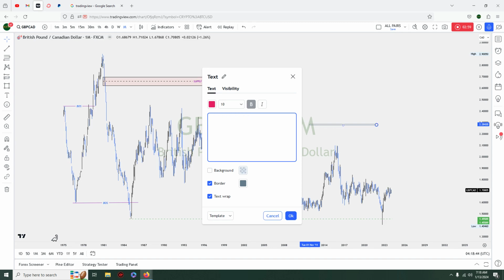Sorry. We have a bearish trend, targeting the low, monthly low.